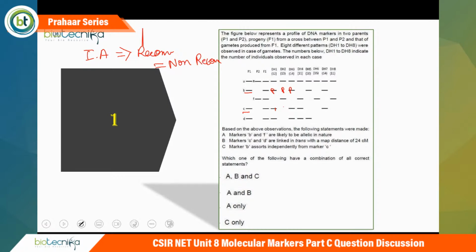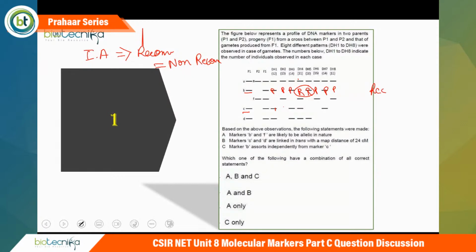Okay, now DH4 is recombinant. Why? Because C is present, but B is not present. DH5 is also recombinant because B is present, but C is not present. Okay. DH6 is parental, DH7 is parental, DH8 is parental. Okay. So what are the recombinants? Only 4 and 5.